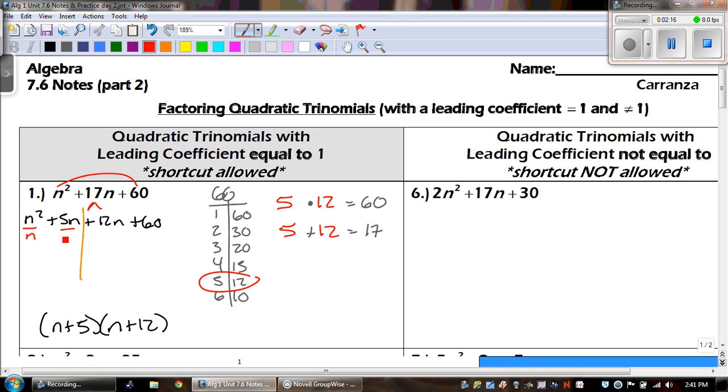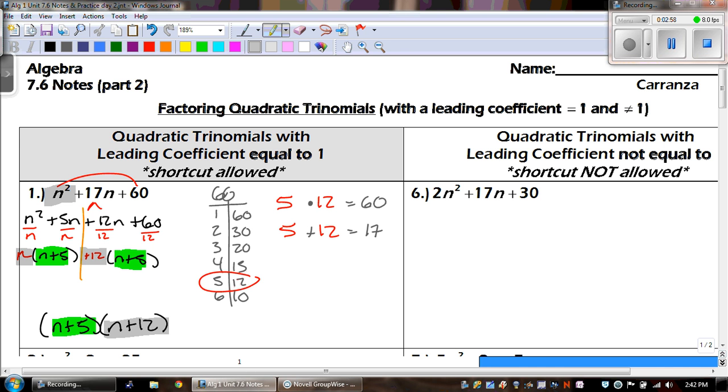Factor out the GCF, which is n, and we're left with n plus 5. In the back, we factor out the GCF of 12 and 60, which is 12, and we get n plus 5. And what do you know, n plus 5 and n plus 12. Magic! But that only works when our leading coefficient is 1.